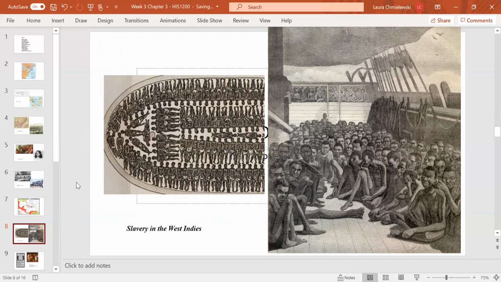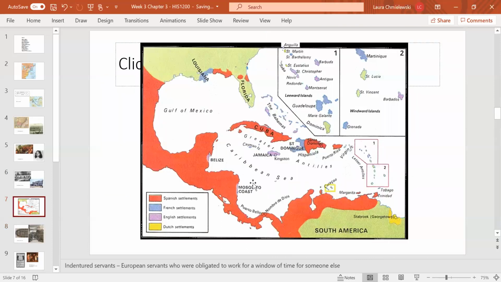As I said before, slavery in the West Indies was a completely brutal affair. This shows a portion of the slave trade that imported people to places like Barbados, Jamaica, the island of Hispaniola, which to the west is modern day Haiti, and to the east is the Dominican Republic, Puerto Rico, Cuba, the Bahamas, and then Barbados is right there, which even that tiny island was just kind of the seat of so much human misery.